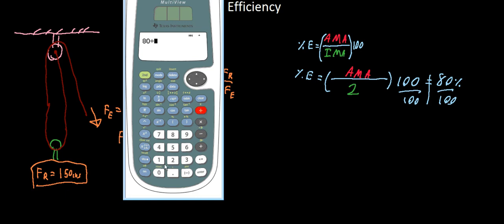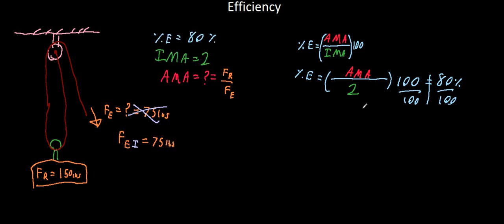You might already know this by doing it in your head, but just in case, let's make sure we get the right answer. And we get 0.8. So we say the AMA divided by 2 is equal to 0.8. Then to solve, we just multiply by 2 on both sides.